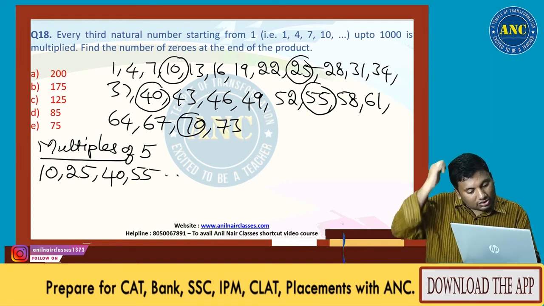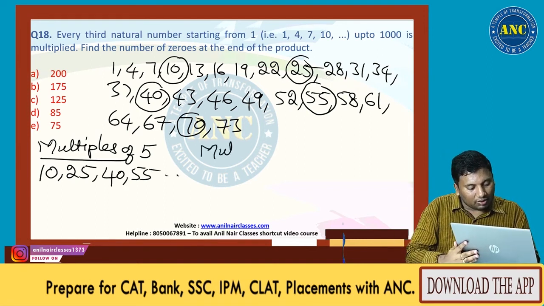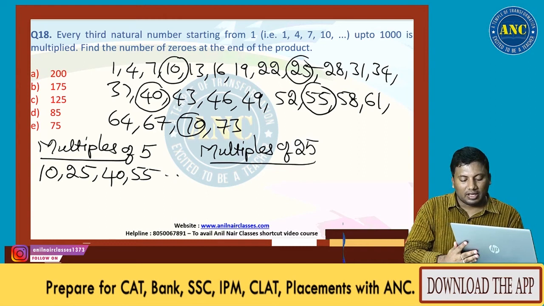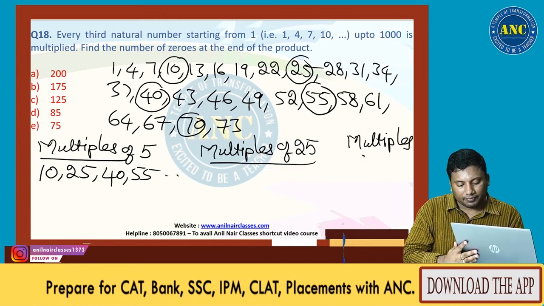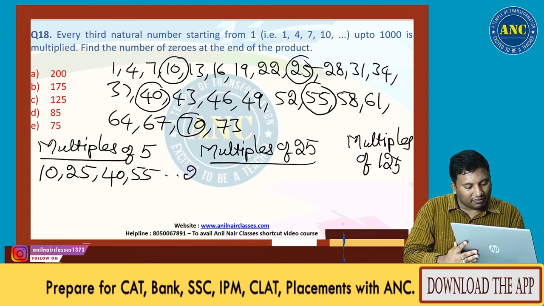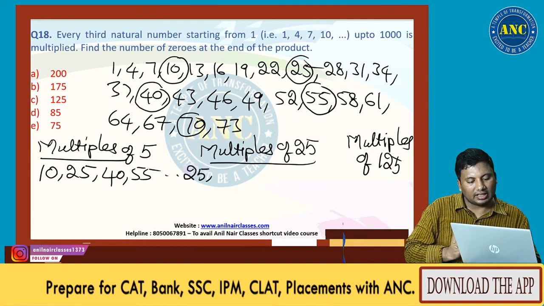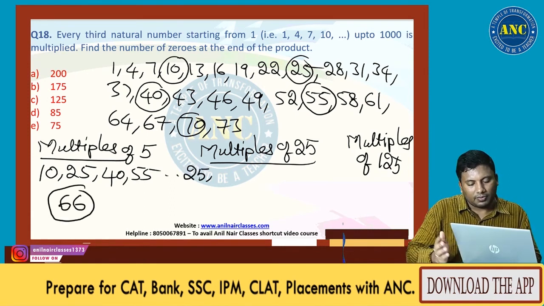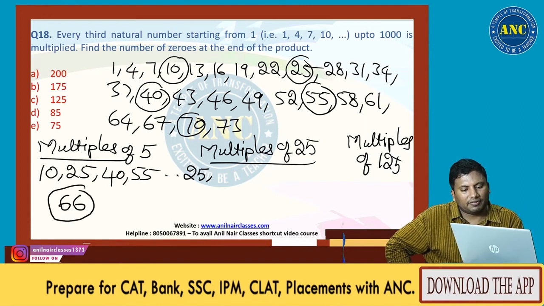Now we have to take multiples of 25, because 25 contains an extra 5. Then we have to take multiples of 125. Let me search: first it is 25. If I get the second number, I will get the answer. For this we got 66. So for 25, an extra one will come.